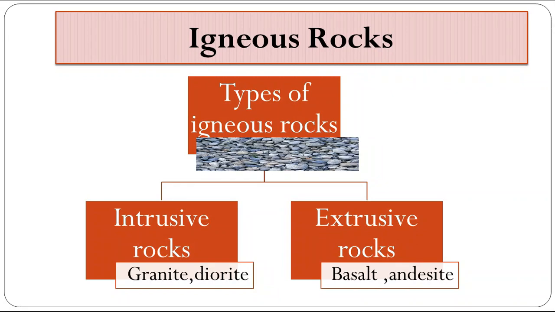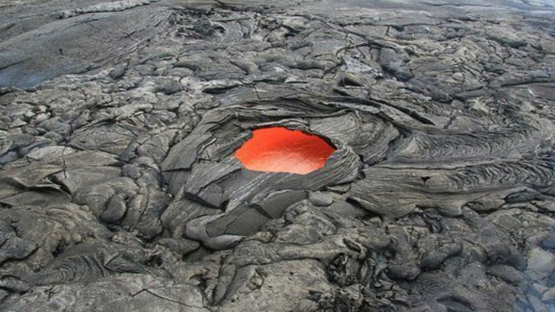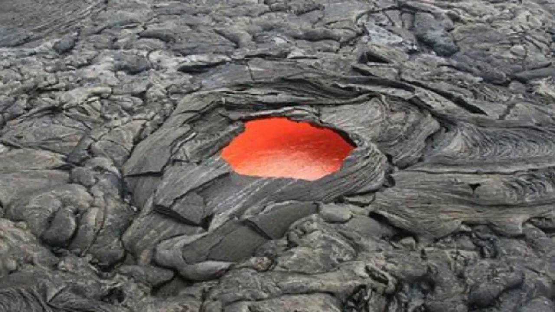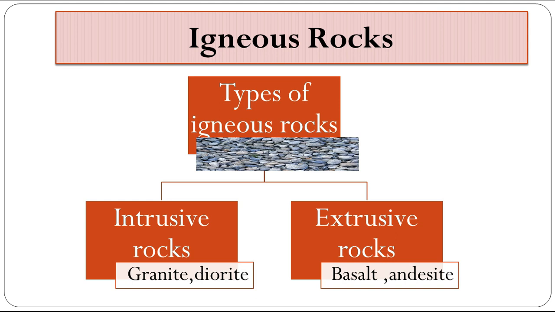Dear students, igneous rocks can further be classified into 2 types: intrusive igneous rocks and extrusive igneous rocks, based on the place where lava solidifies. If the lava solidifies inside the earth, and whatever rocks are formed with that, such rocks are called intrusive igneous rocks.